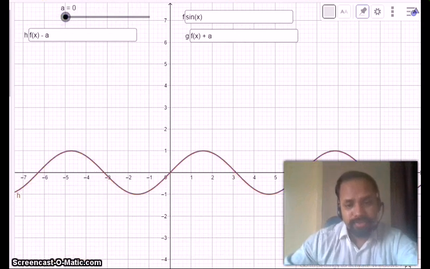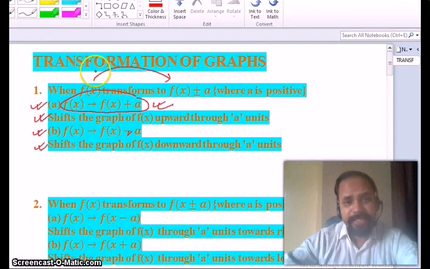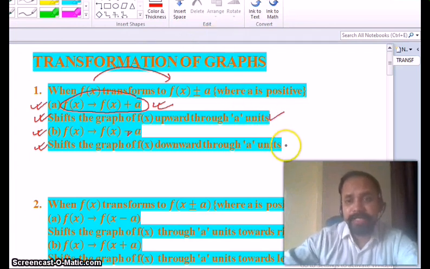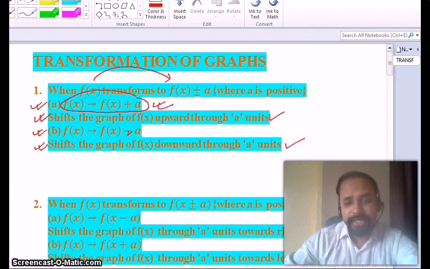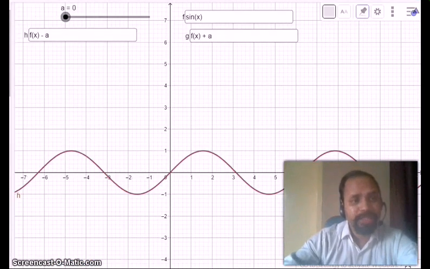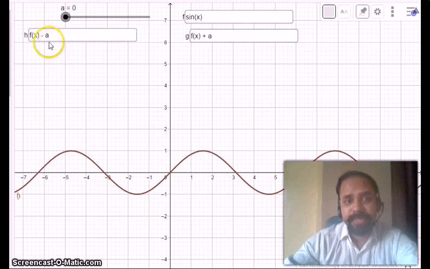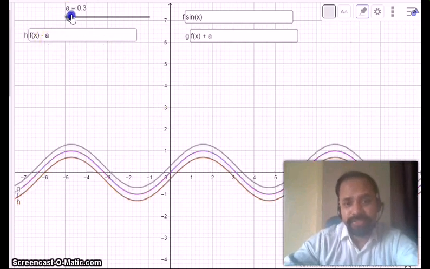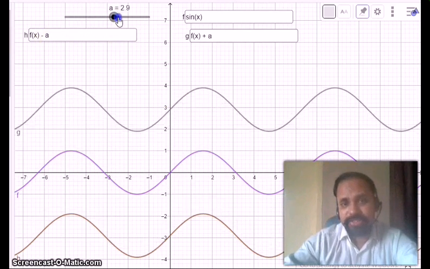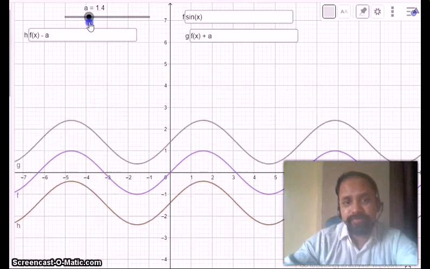Okay, so again, if we add a, then its graph goes a unit upward, and if we subtract a, then its graph goes a unit downwards. Let's see both the graphs together. For f(x) plus a, it will go a units upward, and for f(x) minus a, it will go a units downward. One graph going upward, second graph going downward.